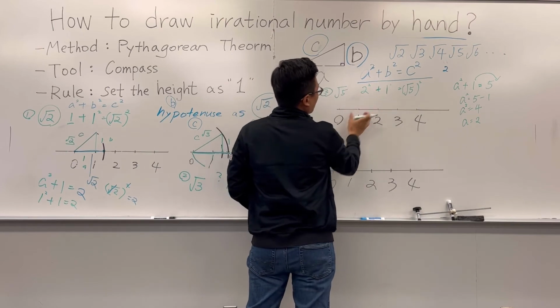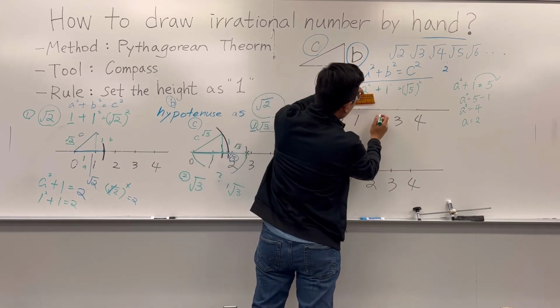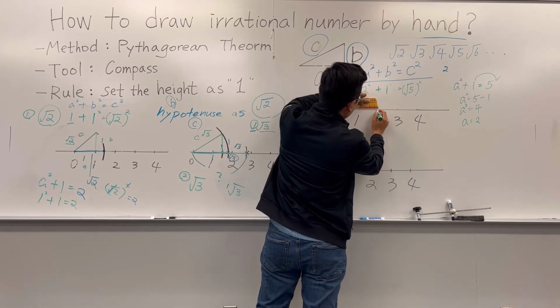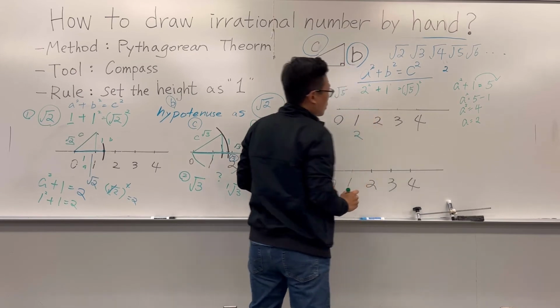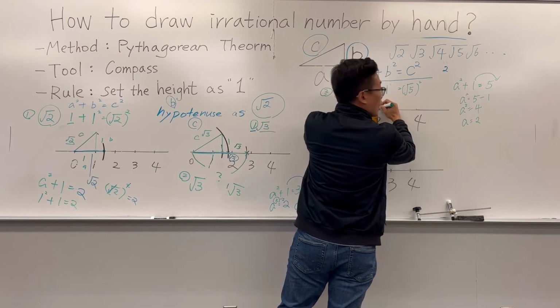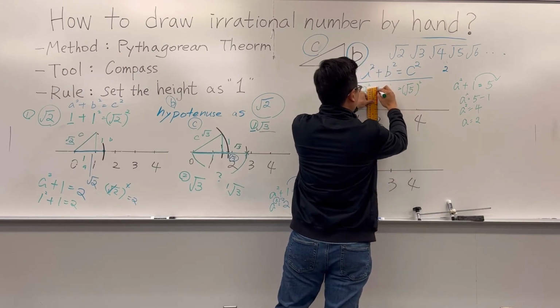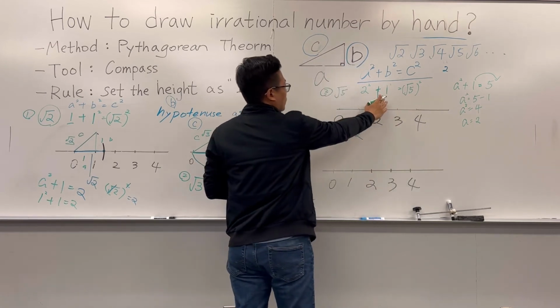So I start from here: 0, 1, 2. So this line should get here. That's 2. And then I'm going to draw the height, which is here. That's 1.